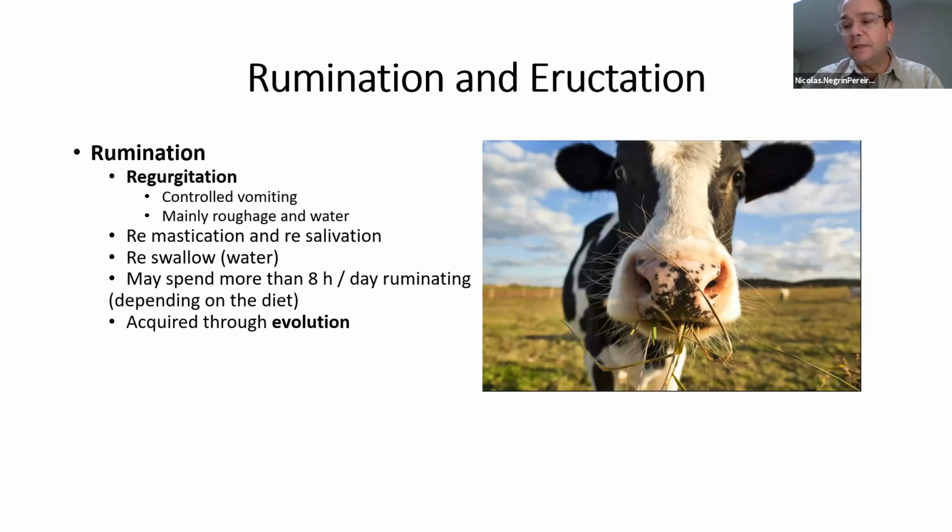And this process is theorized to have been acquired through evolution, because there is the theory that ruminants developed the rumen, the 4 compartments, and the capacity to ruminate their feed.